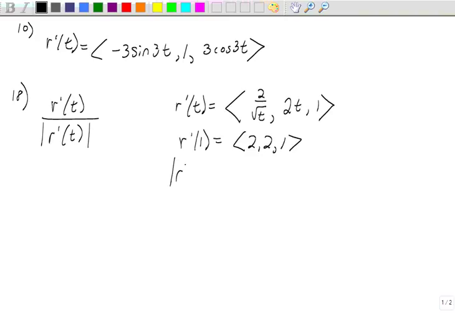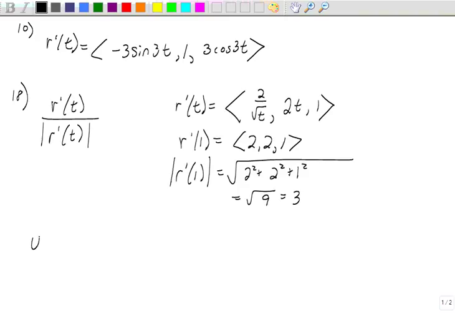And so the length of r prime of 1 is the square root of 2 squared plus 2 squared plus 1 squared, which is the square root of 9, which is 3. So the unit tangent vector, meaning it has length 1, is (2/3, 2/3, 1/3).